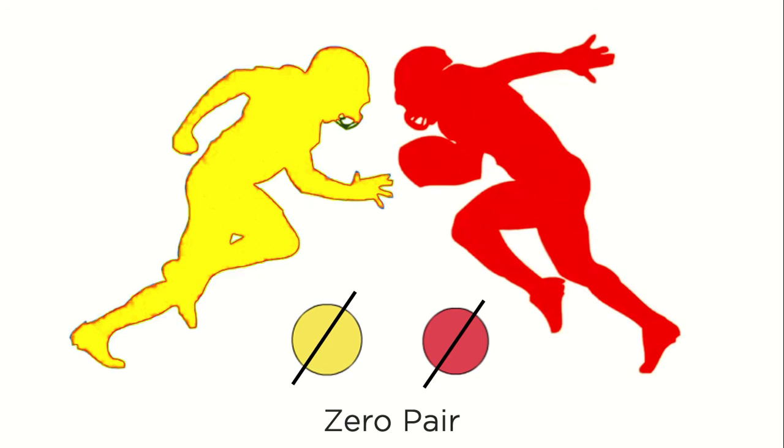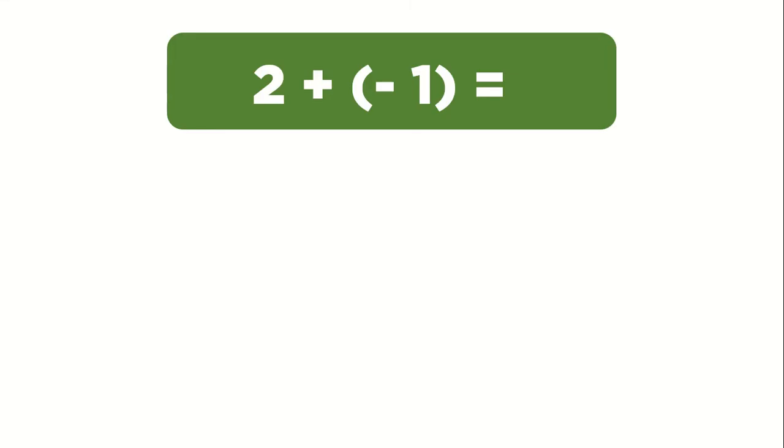Just try to recall our lesson 1: when we deal with opposite numbers and add them, it becomes 0. In our situation here, there's one positive and one negative. So 1 plus negative 1 will become 0.